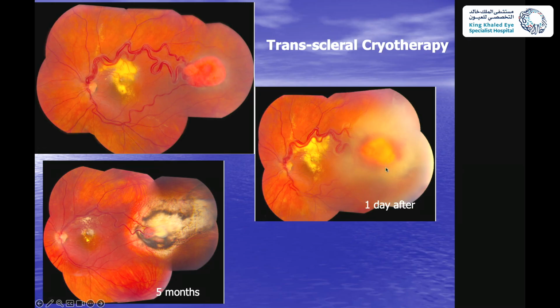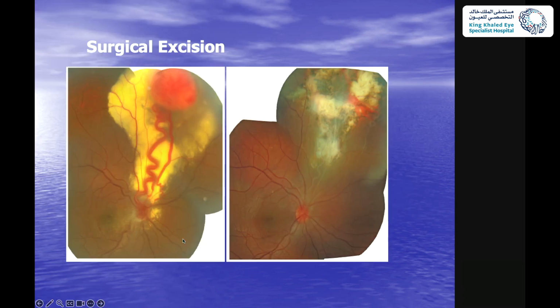As you can see here, it is just 1 day after, with still the cryo reactions, and months later you can see the scarring of the hemangioblastoma. People have done surgical excision, as I have alluded to, and Dr. DB had done ligation of the feeder vessels, and they do work, but they also carry significant complications.